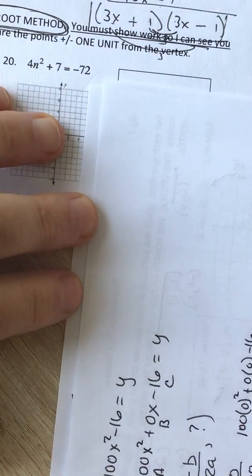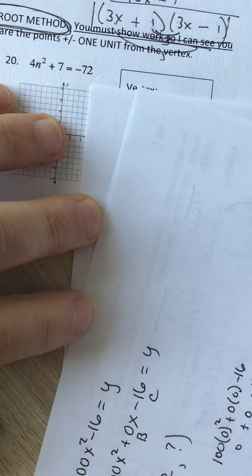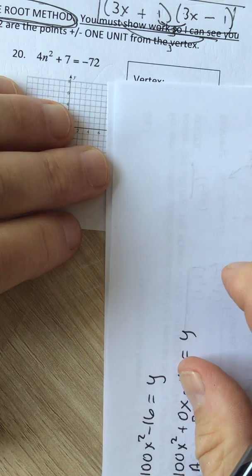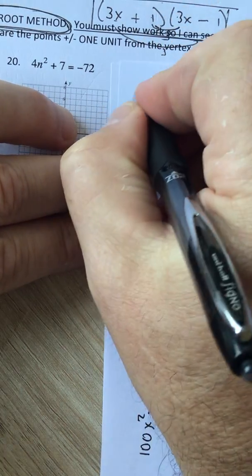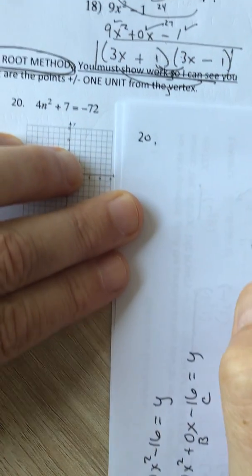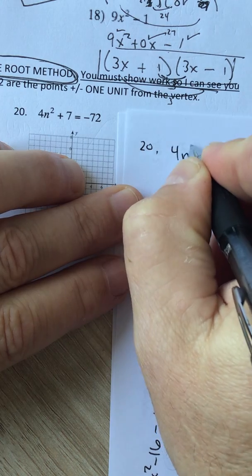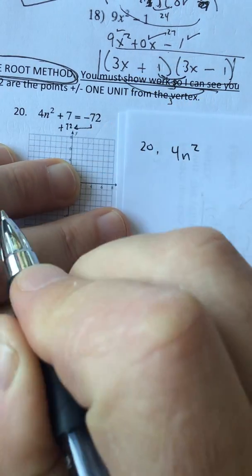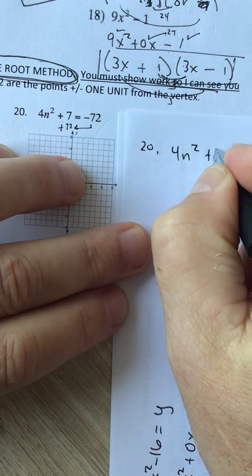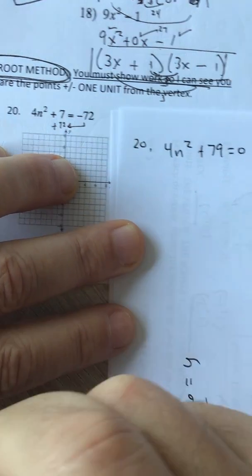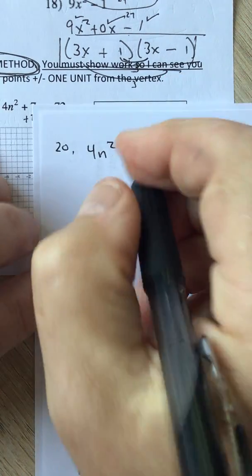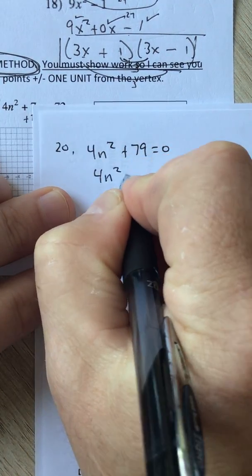Okay, number 20. Find the zeros by the square root method. So for 20, I have 4n squared. I'll add the 72 to the other side. Plus 79 equals 0. Okay, so I'll move the 79 to the other side.